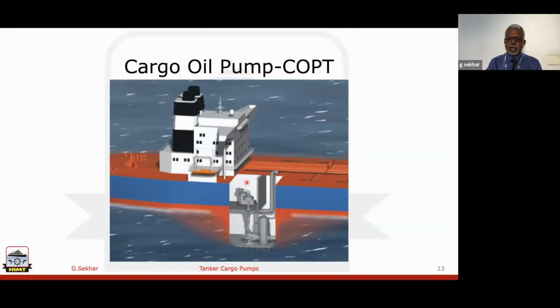In the engine room, you have the turbine. This is what we call COPT, cargo oil pump turbine. This watertight bulkhead has a shaft. Your transmitting shaft is passing through because of the prime mover. This is the pump, COP, with the double bottom underneath.